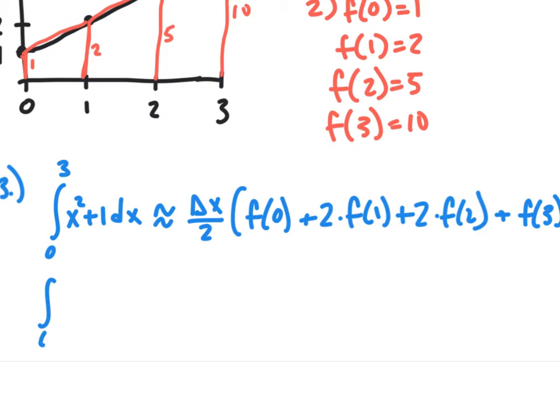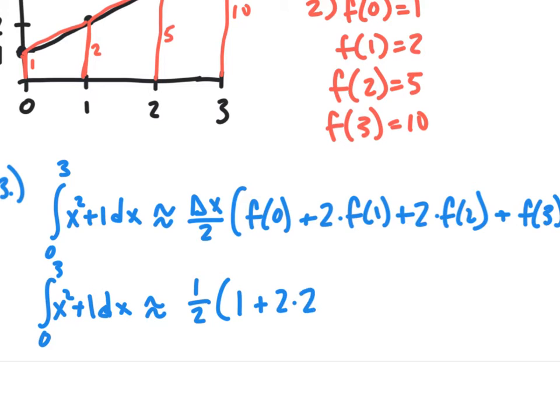This becomes the integral from 0 to 3 of x squared plus 1 dx, and that's approximately equal to delta x was 1, so 1/2 times f of 0 is 1, plus 2 times 2, f of 1 was 2, plus 2 times 5, that was f of 2, and then plus 10, which is f of 3.